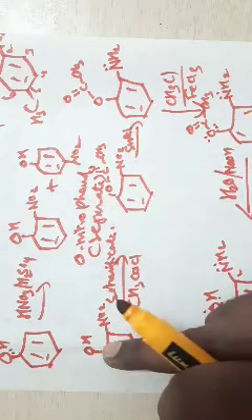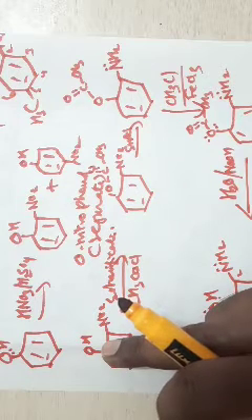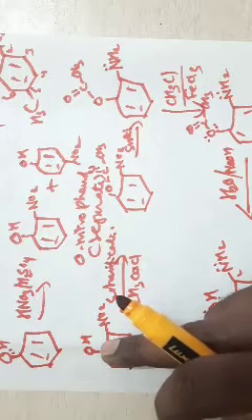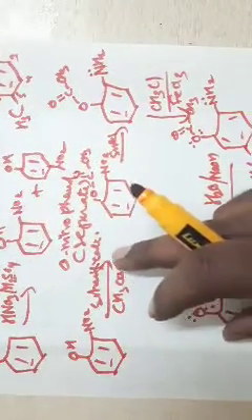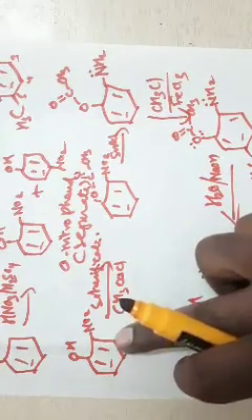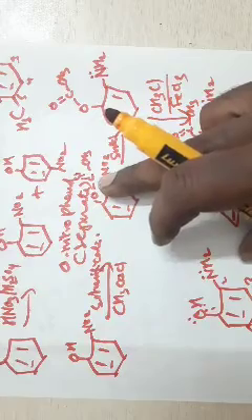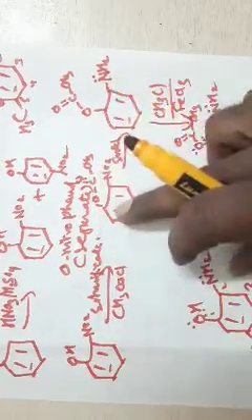Now you should suppress the reactivity of the OH group. One way of suppressing the reactivity of the OH group is converting it into an ester, using acetyl chloride, acetylation. So the OH group is suppressed in terms of its reactivity by converting it into the acetyl ester.